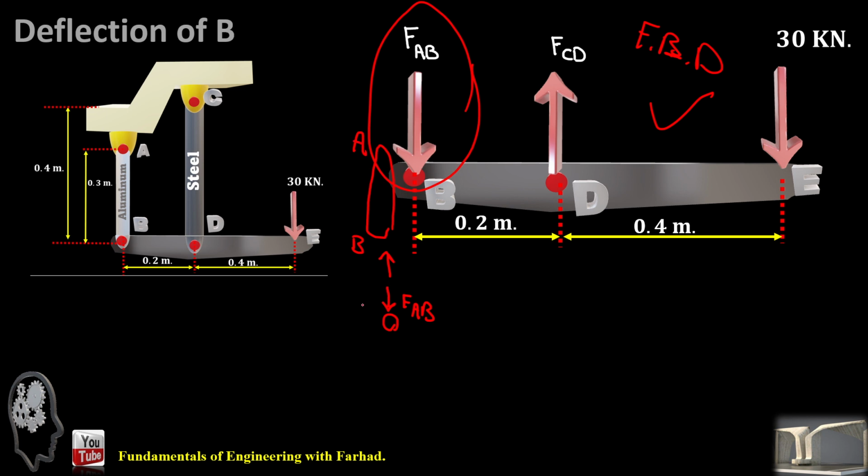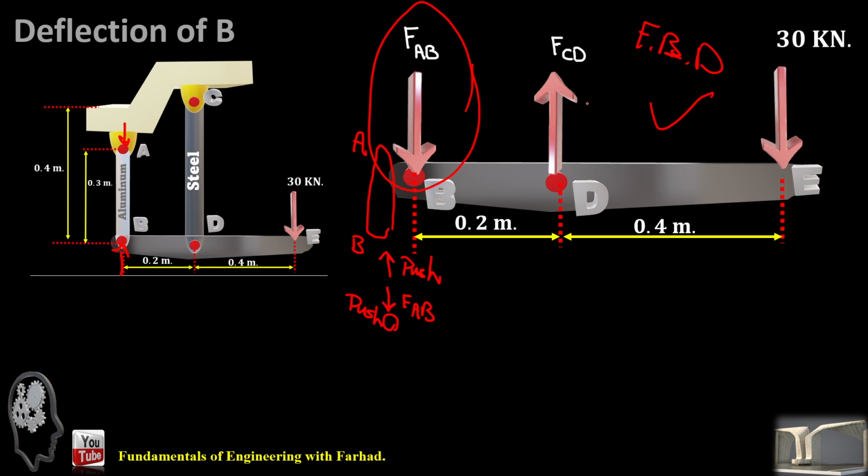So if this is a push, it should also be a push to the member. So definitely we do know the aluminum is getting smaller in size due to this compressive force.